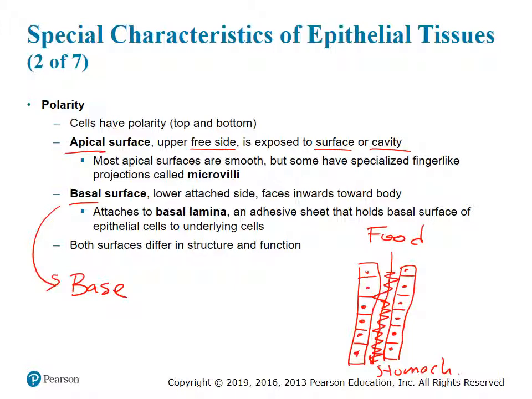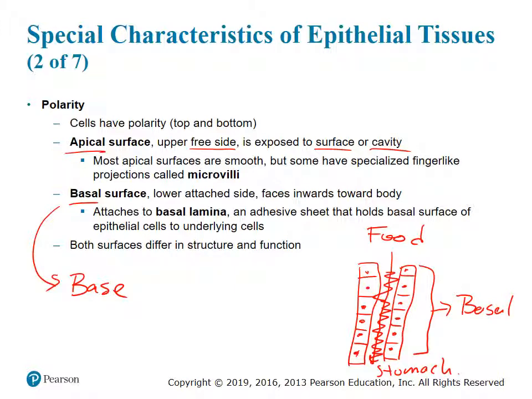Conversely, the opposite end is what you would consider the basal side or the base surface. That's the one that's actually attached, right? So these aren't floating around, right?